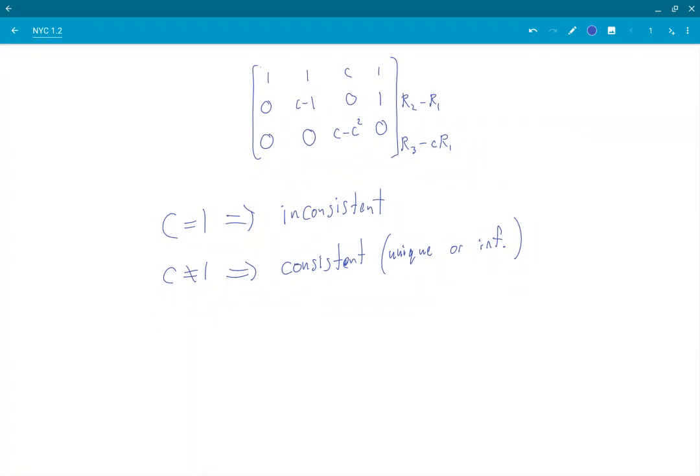So I could do a little diagram here. I could have a bit more space here. C is equal to 1: no solution. C is not equal to 1: consistent.